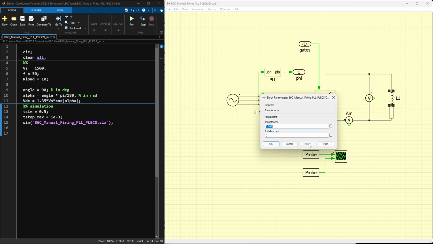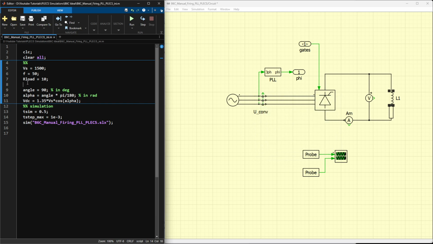Let's give this value to L load, and I'll define the variable here. That's 1 millihenry. Let's rerun the simulation again to see the effects. We still have a firing angle of 90 degrees.